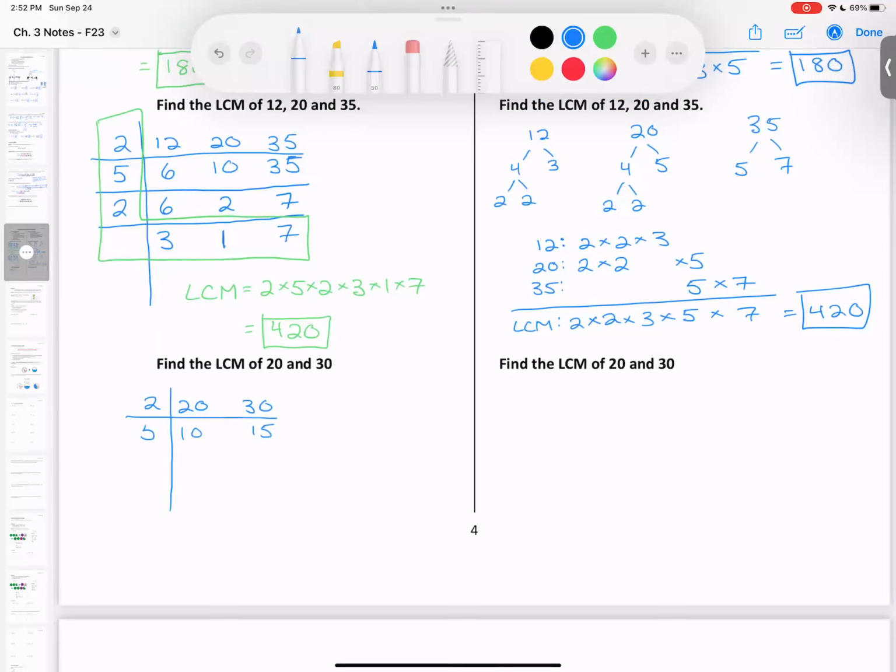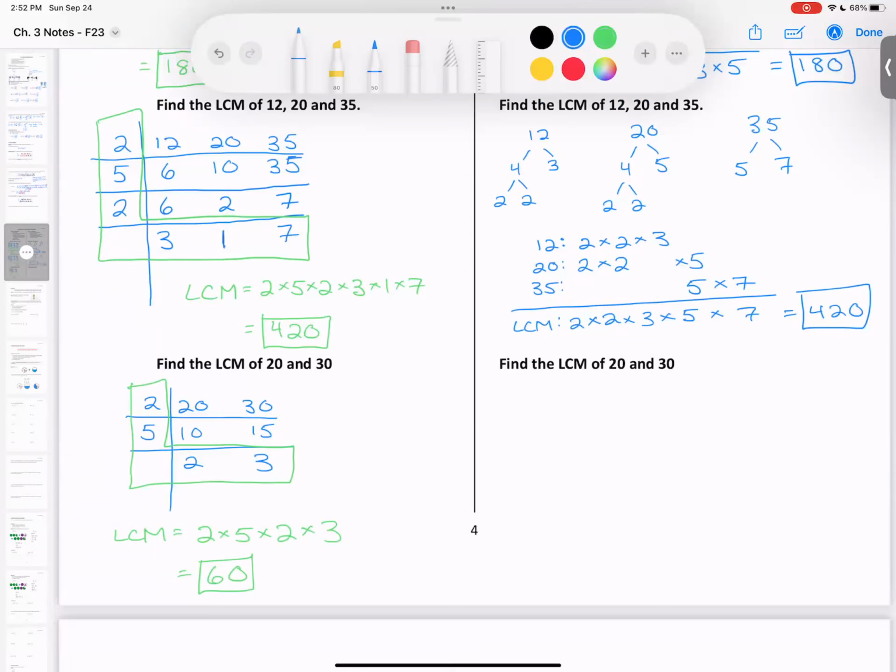Now I could divide out a 5 to get a 2 and a 3. 2 and 3 are both prime, so I know I'm done. So I'm going to draw myself a little L here. So my least common multiple then is 2 times 5 times 2 times 3. And that will give us 60.